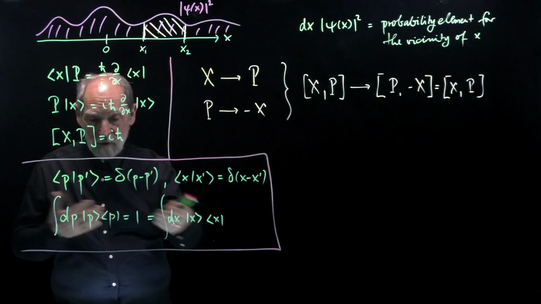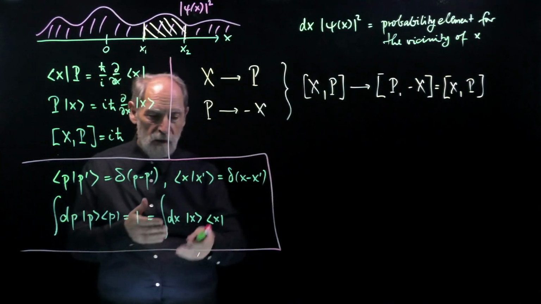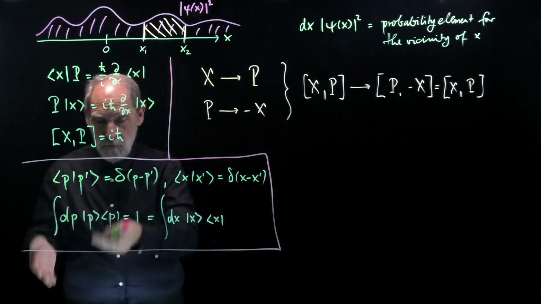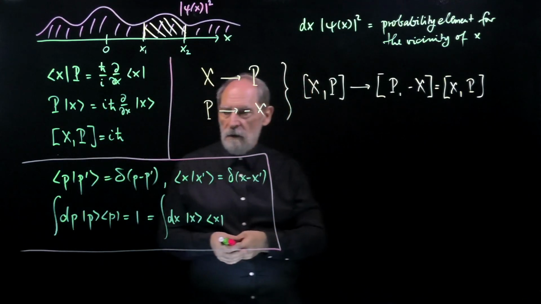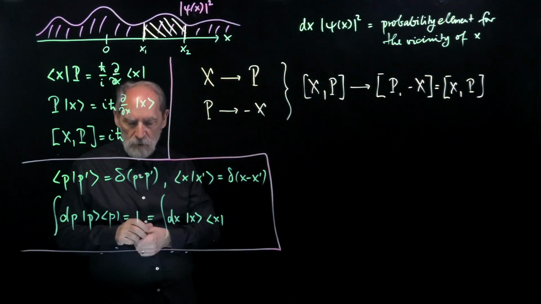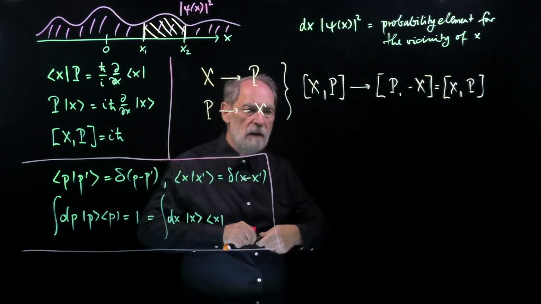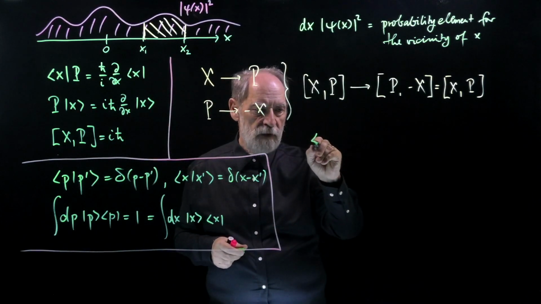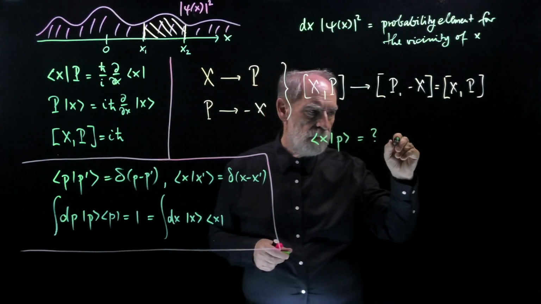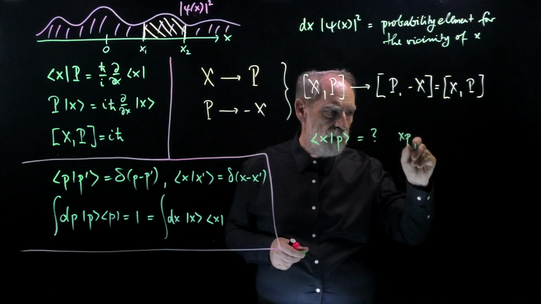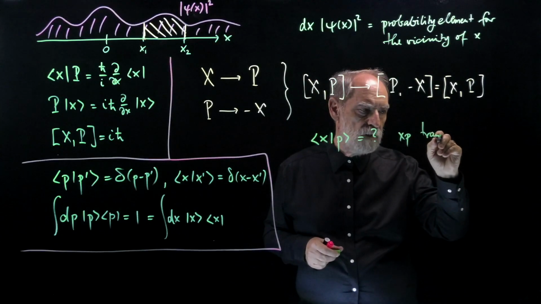But what is the more precise relation between the x kets and bras and the p kets and bras? And for that, we will consider what is called the xp transformation function. So let's call it the xp transformation function.